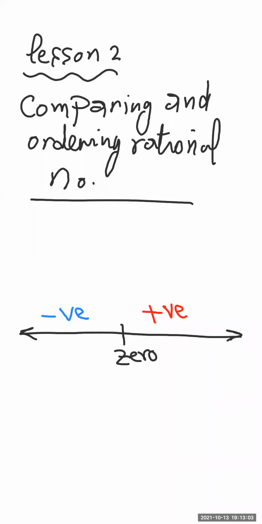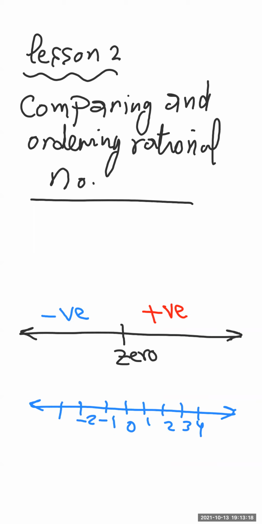So the number line will be like that: 0, and this is the positive side, so 1, 2, 3, 4, and so on. And on the left side, -1, -2, -3, and so on. Correct?